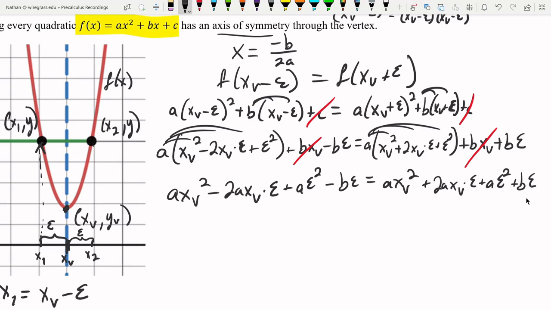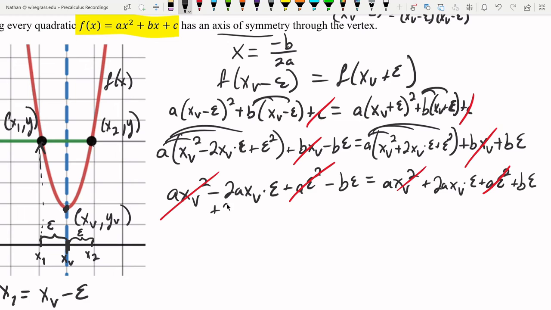I think they are all good. Okay, at this point I can remove some more. I have axv squared on both sides of the equation, and a epsilon squared, and that's the best I can do.